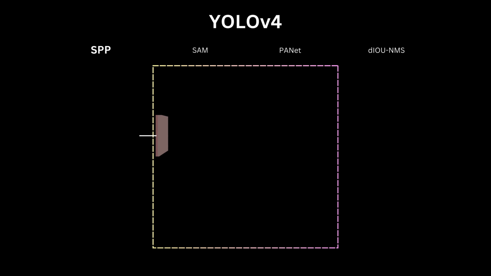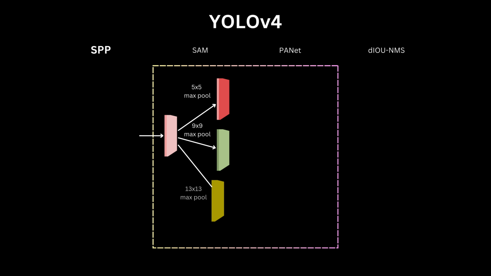The main motivation of using SPP is to increase the receptive field of backbone features. Within the SPP block, we take the backbone feature and apply max pooling with relatively large kernel sizes. Specifically, we have a 5x5 max pooling, 9x9, and 13x13.